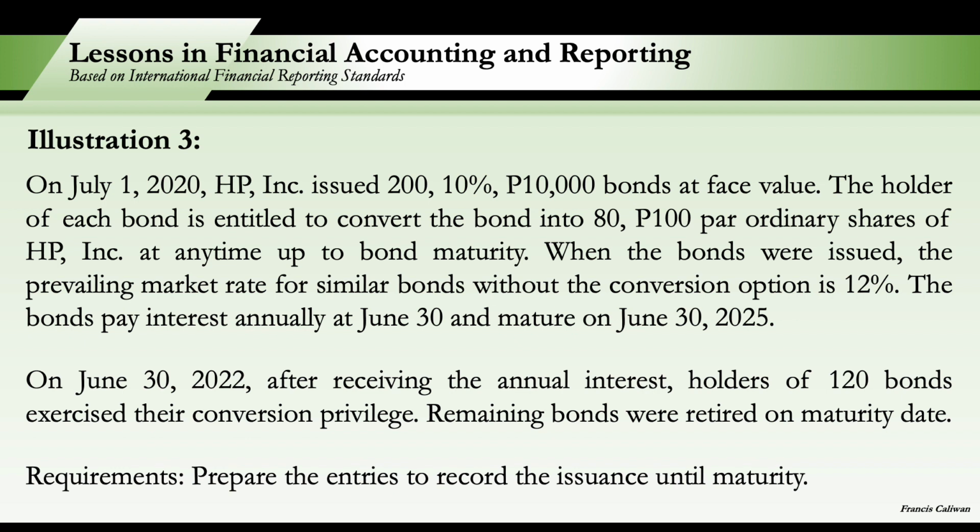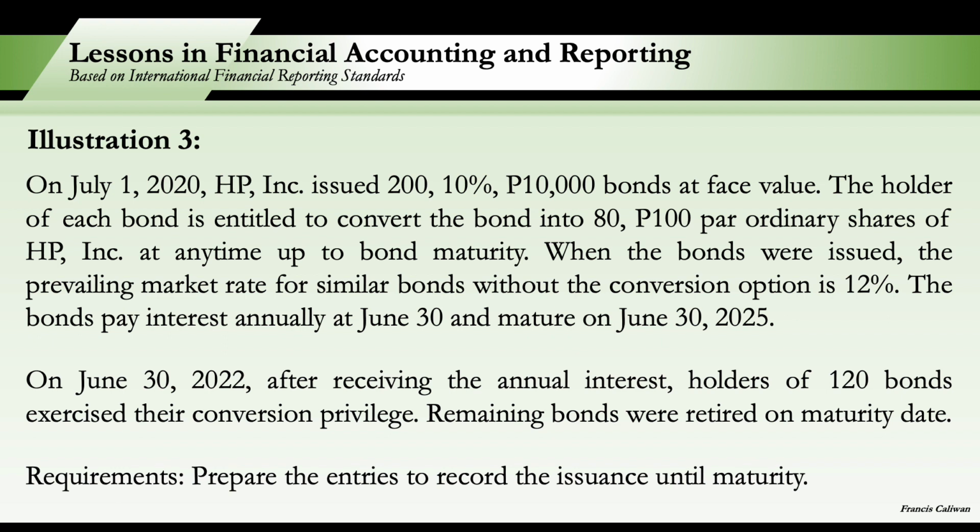The answer is no, because even if the bonds were issued at face value, remember that the bonds have conversion feature. Therefore, the issue price, which is the face value of the bonds, is to be allocated between the liability component and the equity component. The issue price, which is the face value, is not just for the bonds, but for the bonds plus equity component.